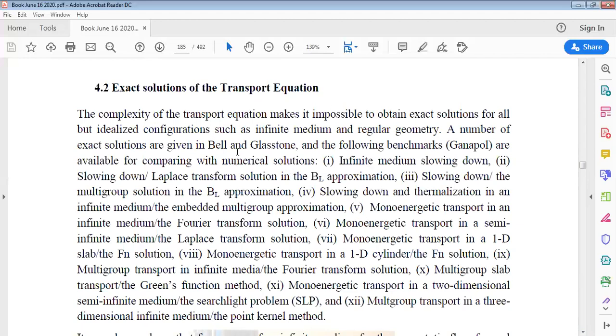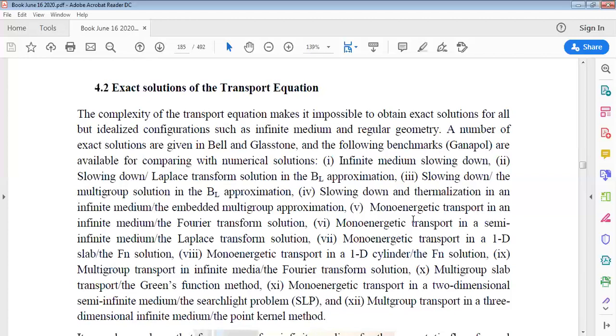Most of the exact solutions you'll find, a very good collection is Bell and Glasstone. And if you look at the work by Ganapol, he has a number of very elegant, mathematically compact, exact solutions for several cases of interest also.